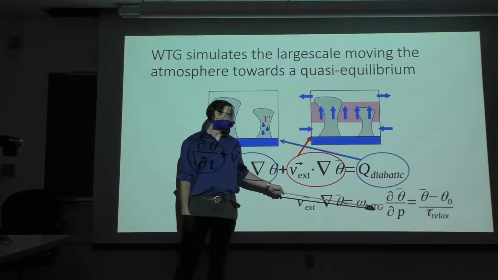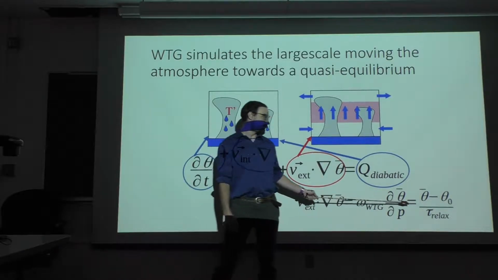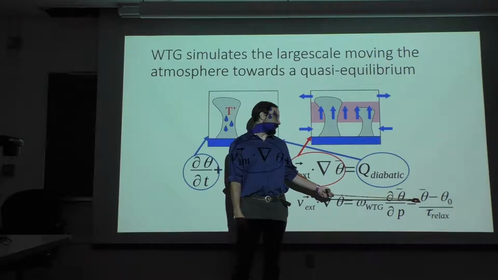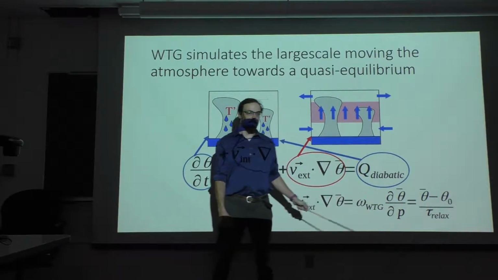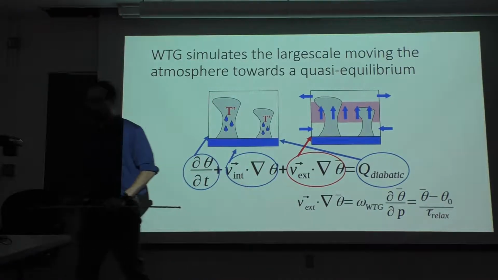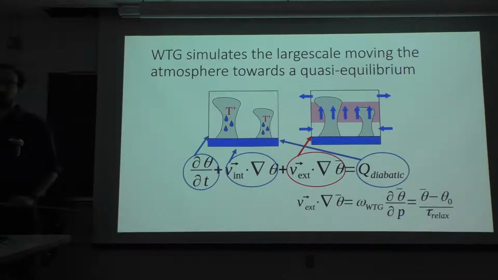And then we say that this has the effect of moving our domain mean temperature towards our environmental temperature at some relaxation rate, which is what the effects of the large scale have on the tropical environment. They tend to move the environments towards an equilibrium or a quasi-equilibrium because it's at a finite relaxation speed.